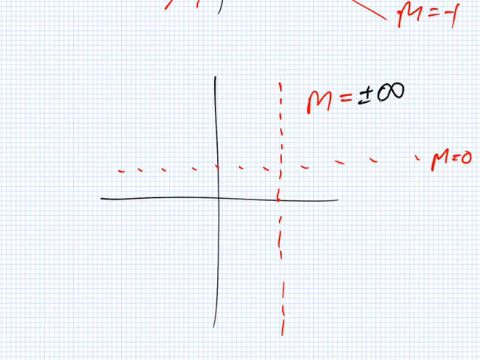Find the equation of the line shown. X, Y, 1, 2, 3, 1, 2, 3, okay. Good.